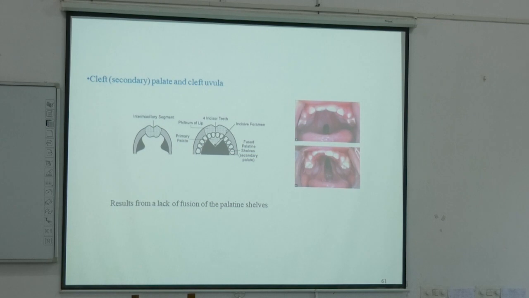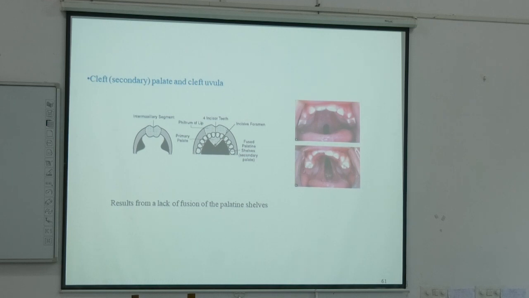But this again leads to problems with chewing. It may lead to problems with phonation. It also leads to more chances of infection, because the hard palate is related to the nasal cavity. So food material can leak into the nasal cavity, causing infection in the nasal areas, and it can also infect from the nose to the palate and oral cavity region.